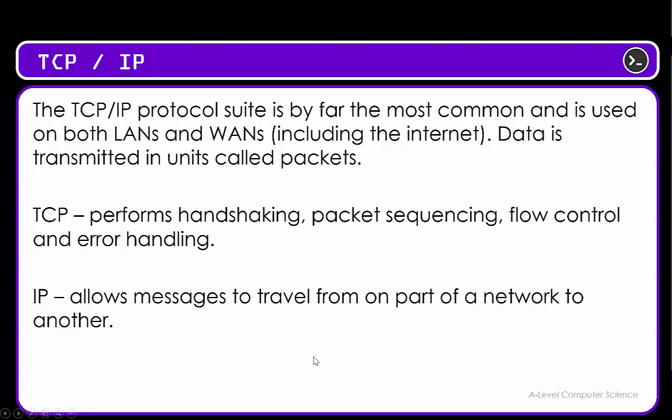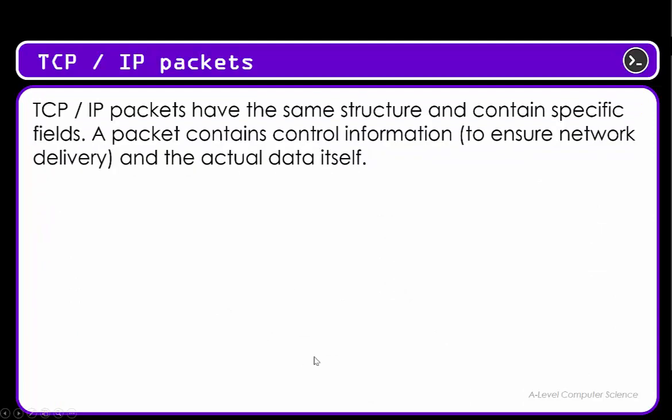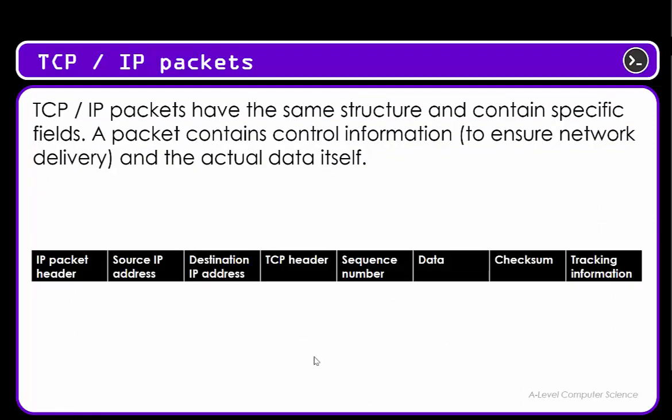So what does one of these packets look like? Well, if we look at a typical TCP/IP packet, it has some form of structure to ensure that the packet's delivered. You're going to have a header, which is required: the source address and destination address, i.e. where it's coming from, where it's going to.